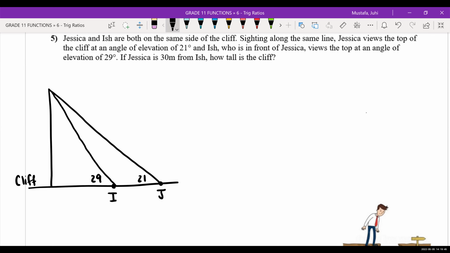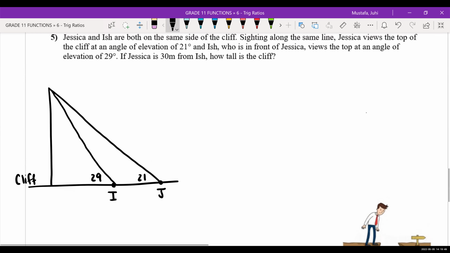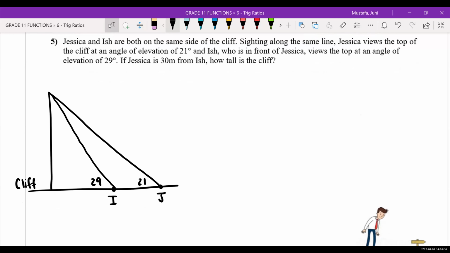If Jessica is 30 meters from Ish, so that means they are 30 meters apart, how tall is the cliff? So we're trying to figure out what the H value is here.